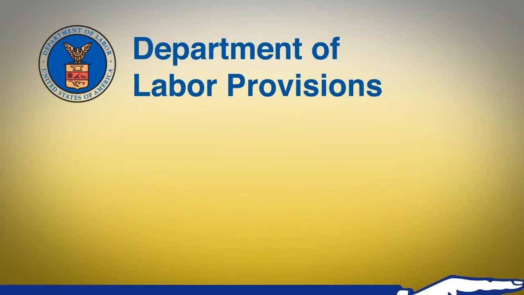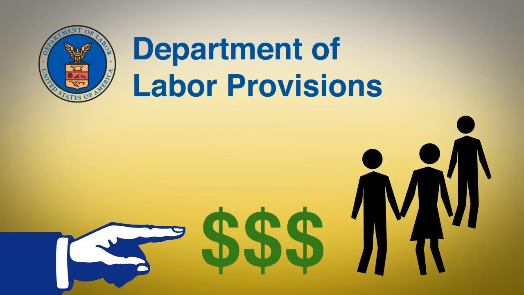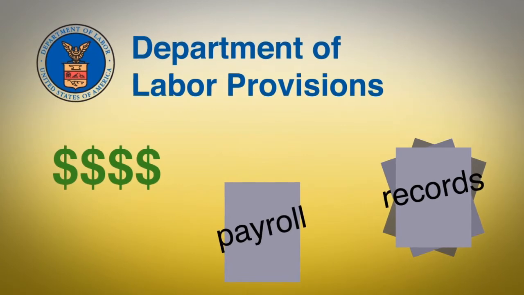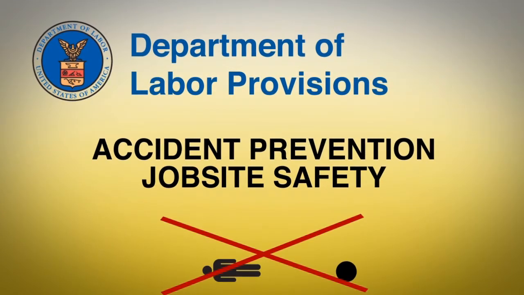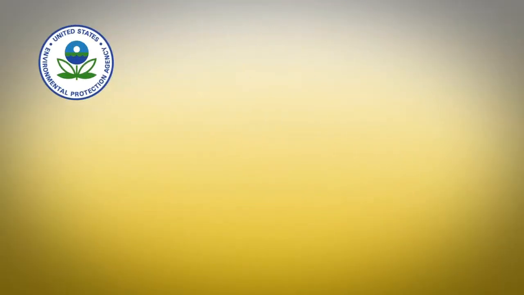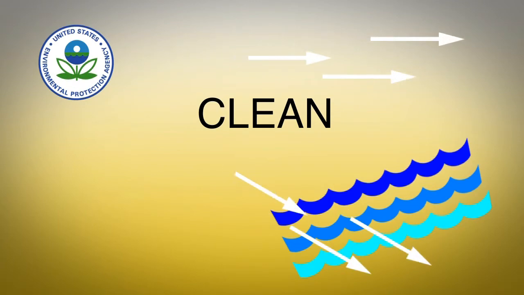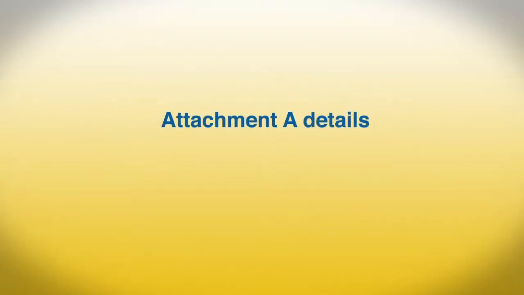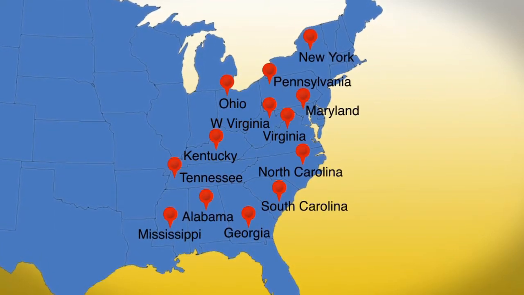Provisions included from the Department of Labor include minimum wage rates and other employment-related areas, payroll documents and record retention, and OSHA accident prevention and job site safety. The Environmental Protection Agency provision contains the Clean Air and Clean Water Act requirements. Attachment A details hiring preferences for Appalachian Development Highway projects.